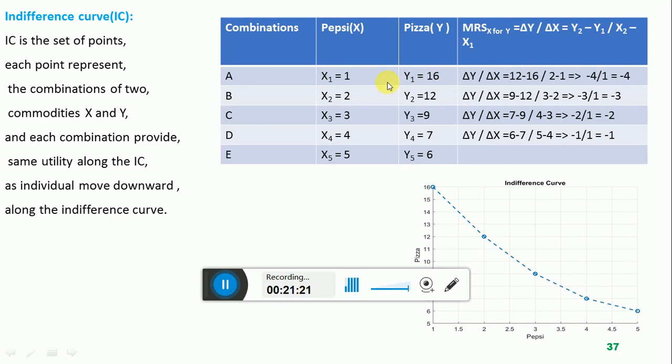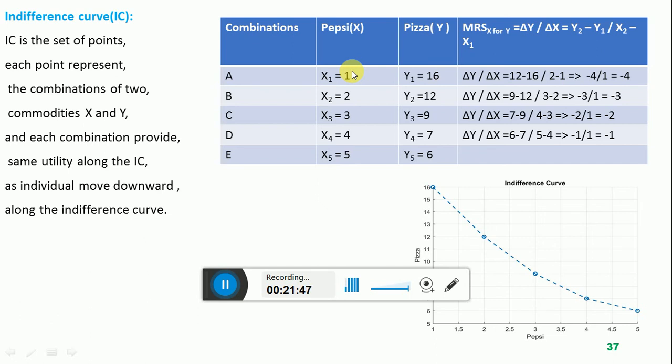Now let's suppose the consumer knows that 16 is very large compared to the Pepsi, which is very small. 16 is the units of pizzas and 1 is the unit of cold drink Pepsi. So pizzas are more and Pepsi is very small.